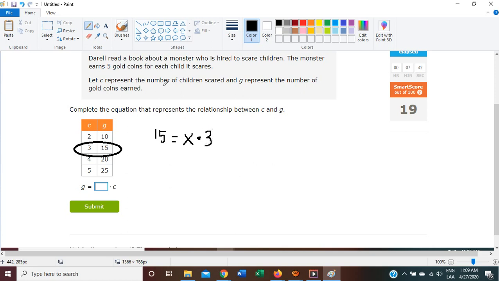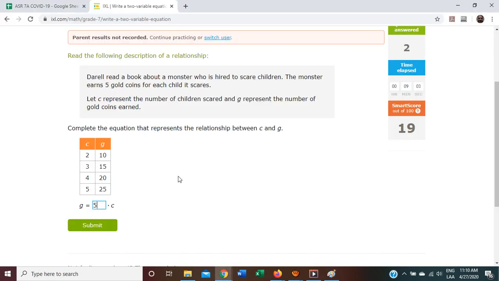So this number 3 has to go to the other side of the equation, and it was multiplying. Now it is going to be dividing. Let me erase this multiplication symbol. So x equals 15 divided by 3 equals 5. So the answer is 5.